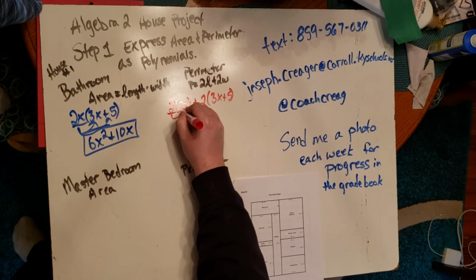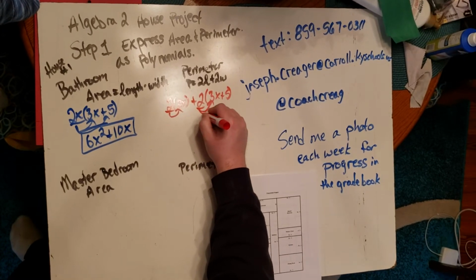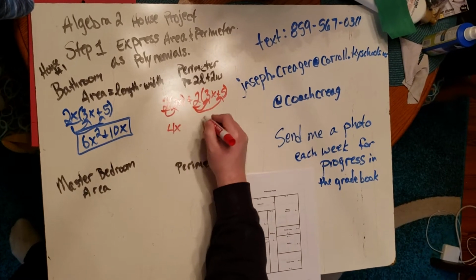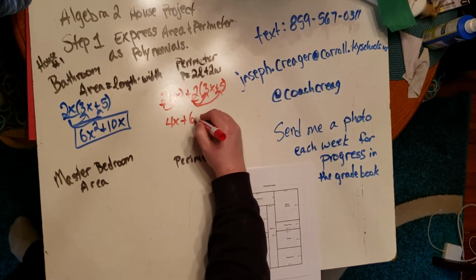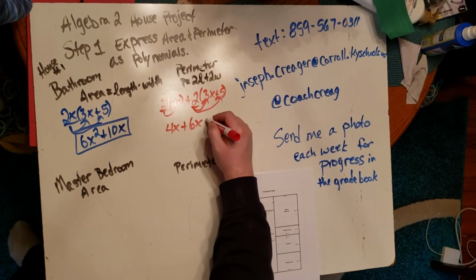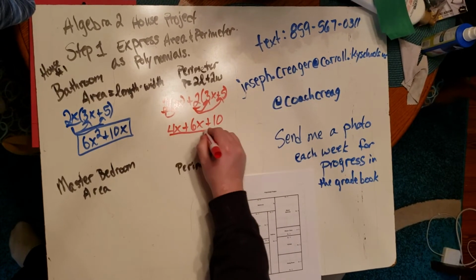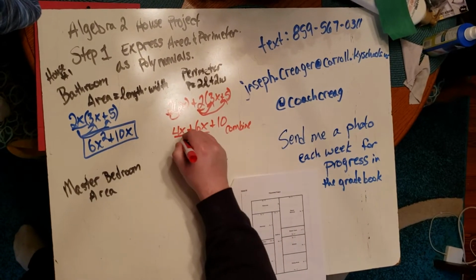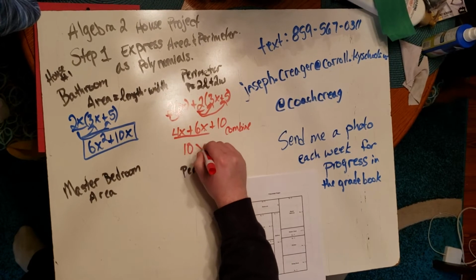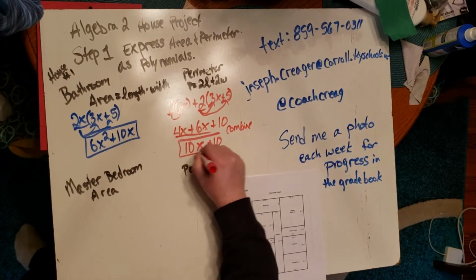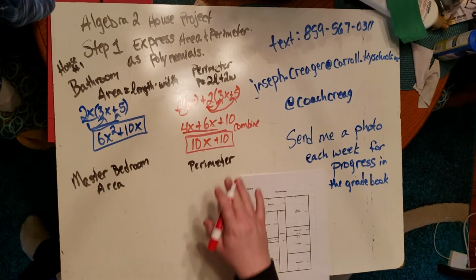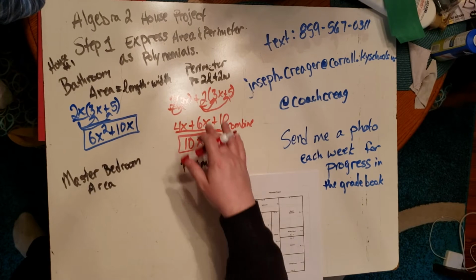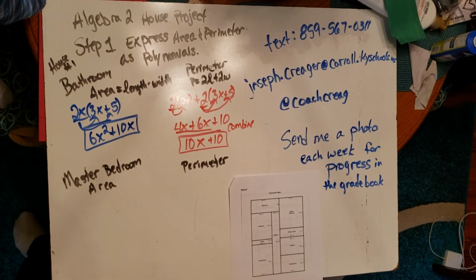I'm going to distribute 2 times 2x, and then this other 2 by 3x plus 5. 2 times 2x is 4x, 2 times 3x is 6x, 2 times 5 is 10. Now I'm going to combine like terms. 4x plus 6x is 10x plus 10. So here's my new polynomial. This one is a linear term. I will not have a quadratic with that. Perimeter is always going to be a linear term.